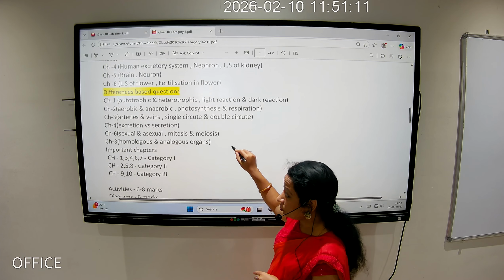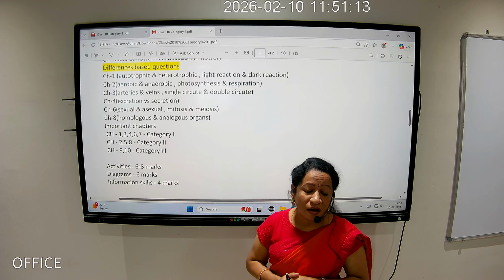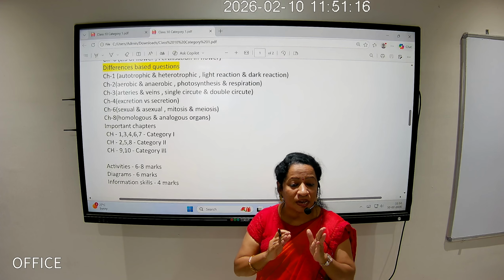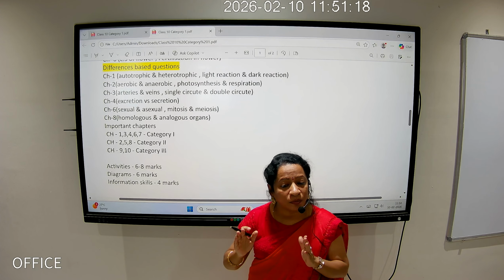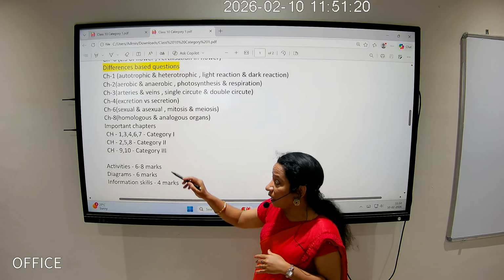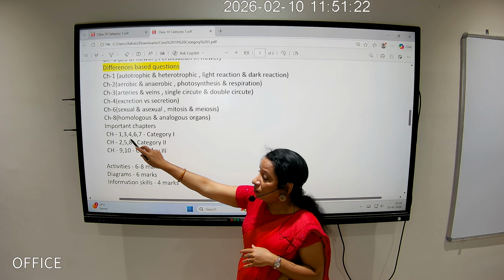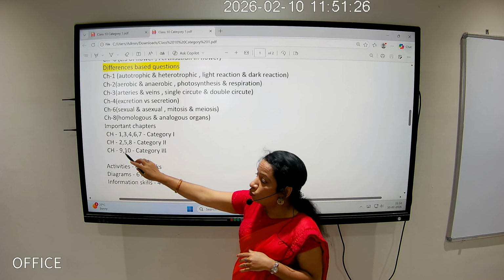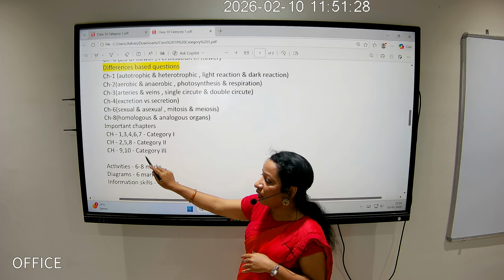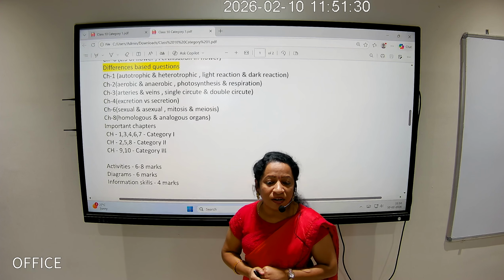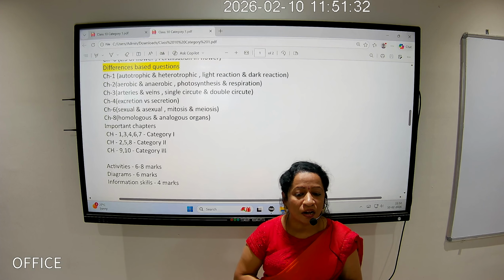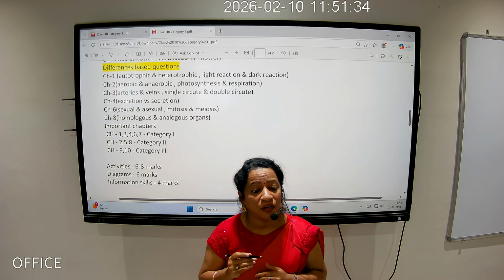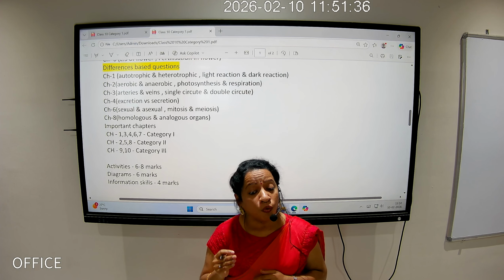Now, category wise, how you have to learn the chapters according to the category. We have divided them into 3 categories. Category 1, chapters 1, 3, 4, 6, 7. Category 2, chapters 2, 5 and 8. Category 3, chapters 9, 10. See, Nana, 9th and 10th chapters are those which you can give the answers on your own.